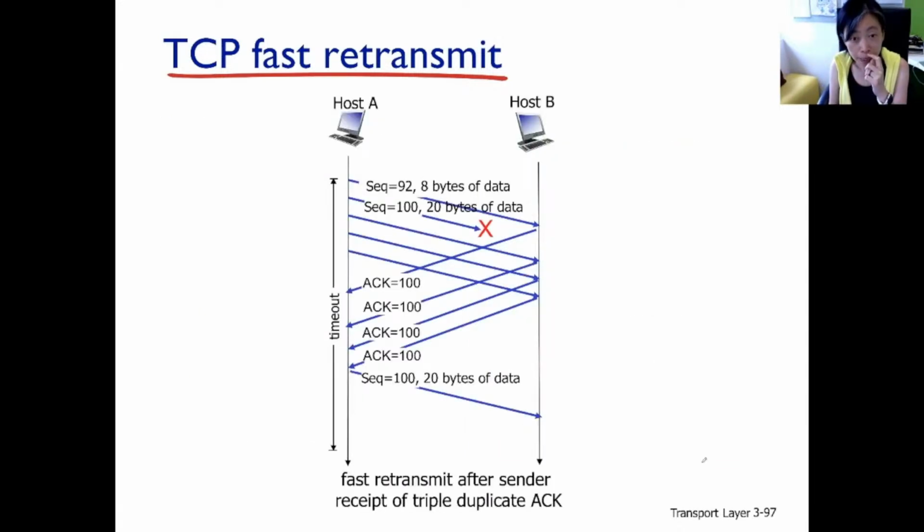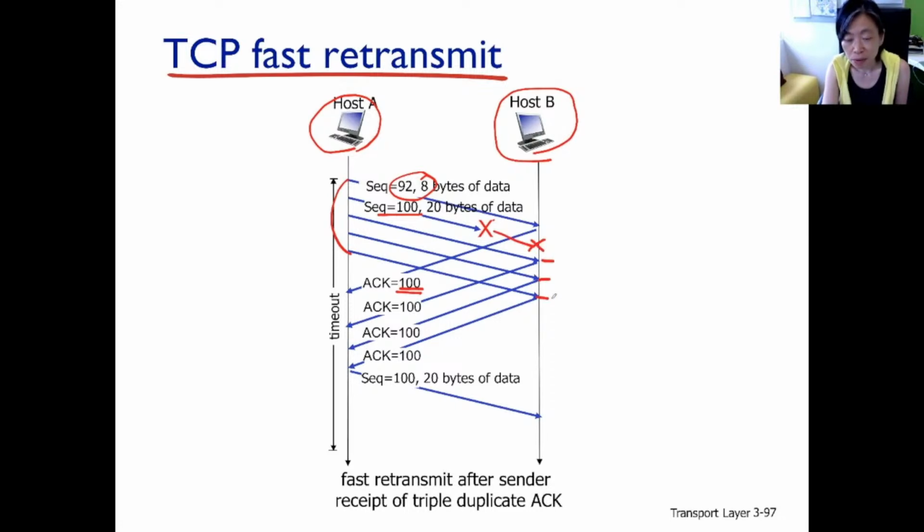And this example illustrates triple duplicate ACKs. Host A here is the data sender, host B here is the receiver. The window size warrants that we send 5 packets in one train. Let's say packet number 2, sequence number 100, is lost. Then the receiver is going to generate an ACK for sequence number 100. But this one is lost, so it's not going to generate anything.